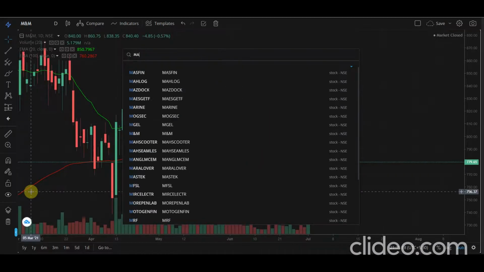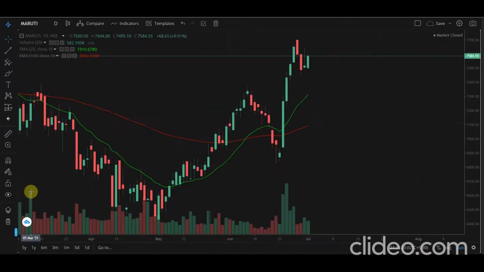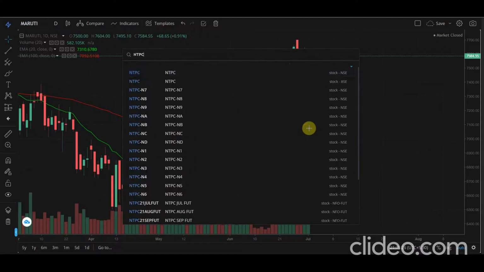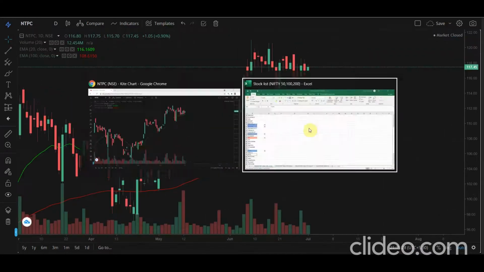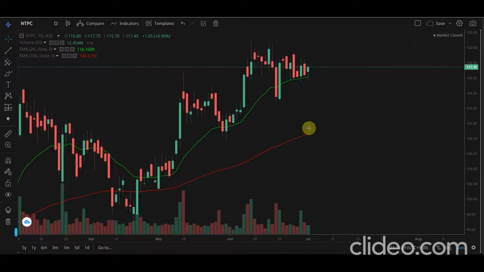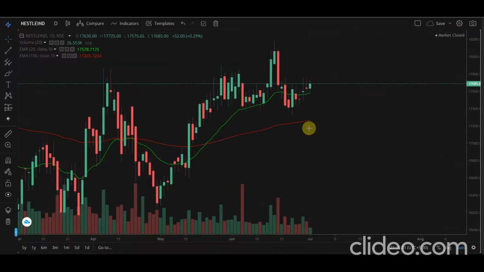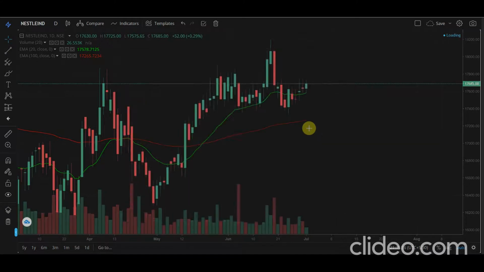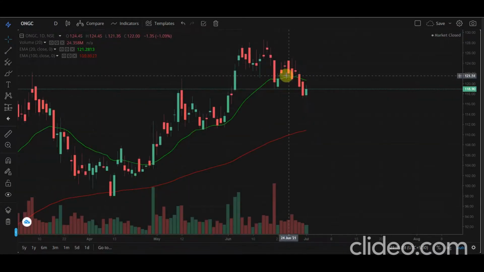Okay, sorry. Just typing it down. Very huge gap. NTPC, very huge gap. Nestle, let's check. Huge gap. ONGC. Again, it's flattening out, it's coming down, but still the gap is very huge.